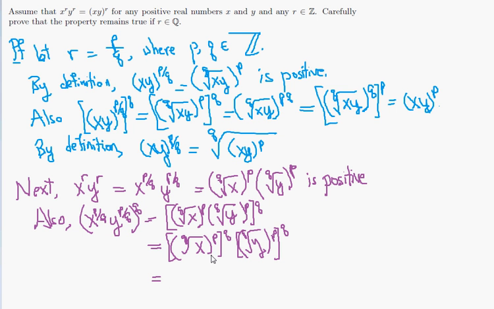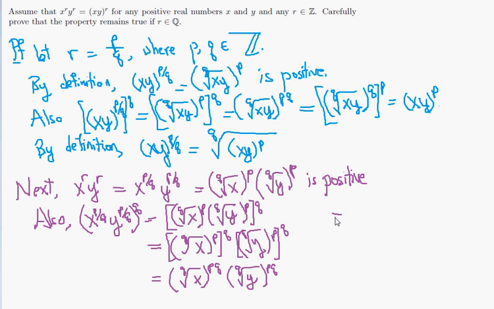Okay, so now I will manipulate these powers in much the same way that I manipulated the powers up here in blue. I have a positive number raised to an integer raised to an integer, and so the integers multiply. So it's the same positive number raised to the p times q. And once again, the same for the qth root of y, to the product of the two powers.